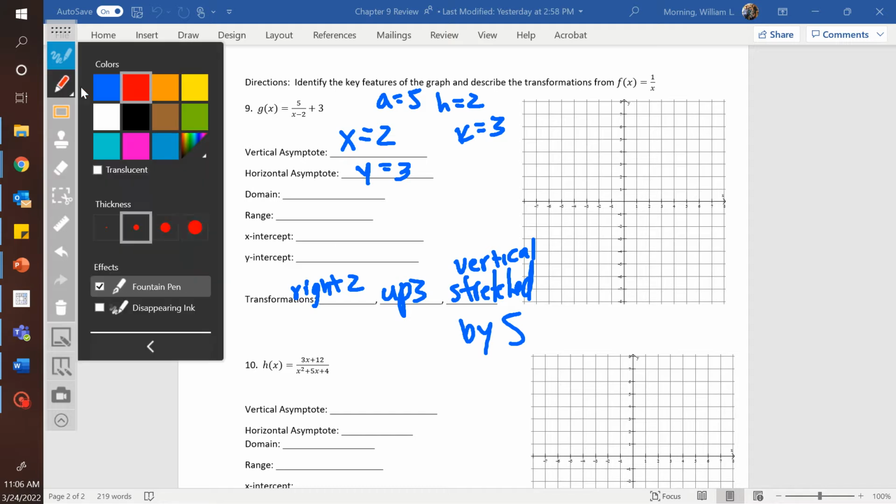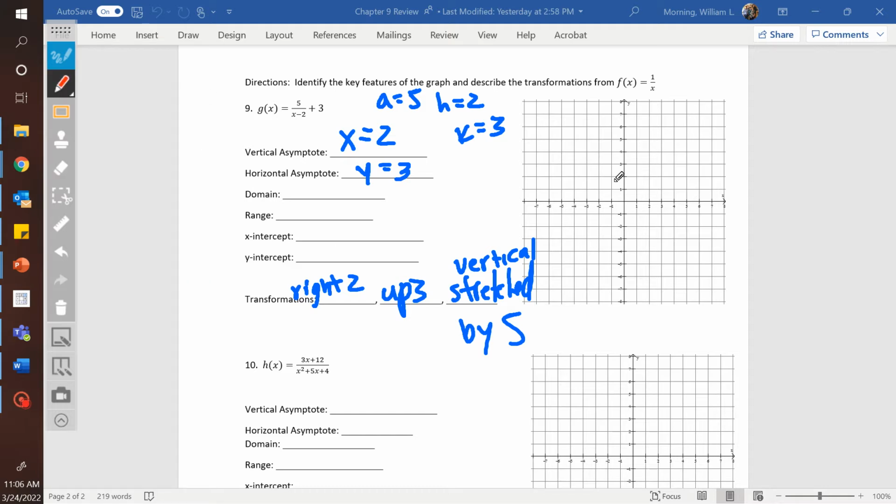Let me put those on my graph. Now I'm just going to do a quick sketch. I'm not going to use a table because it doesn't specifically ask me for a table. I know what this looks like, so I'm not going to use a table here. So x equals 2, y equals 3, and we know that it looks something like this.